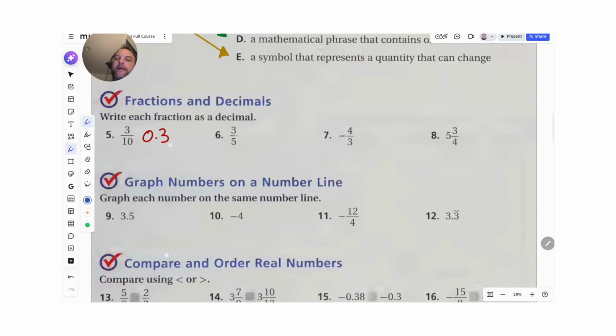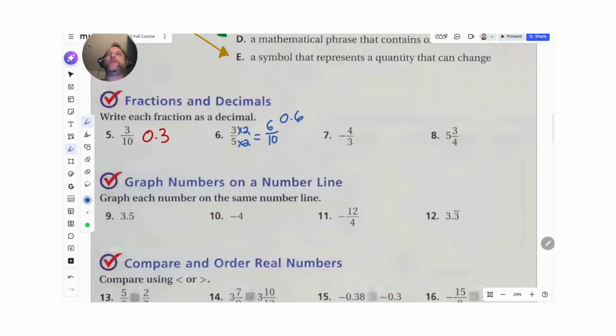Let's multiply both by 2. 3 times 2 is 6. 6/10. Now, how do we write that as a decimal? That's easier to write since we're dividing by 10. 0.6. Move that decimal place over once to the left.